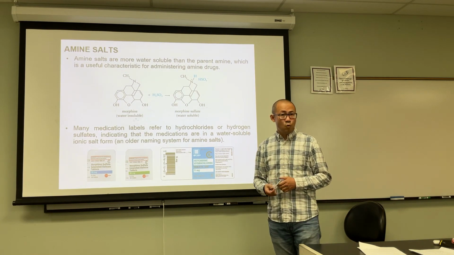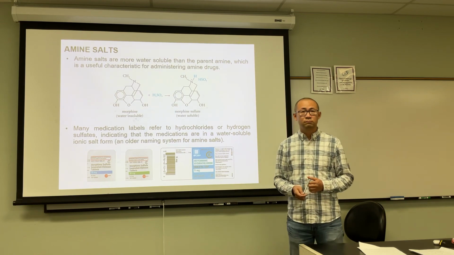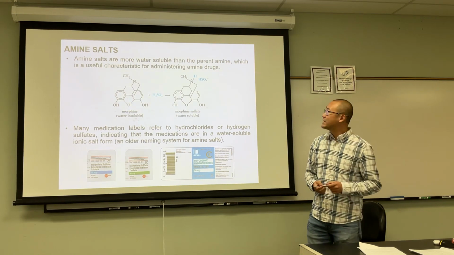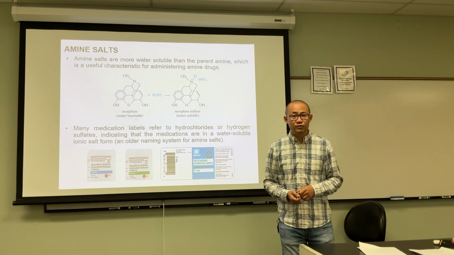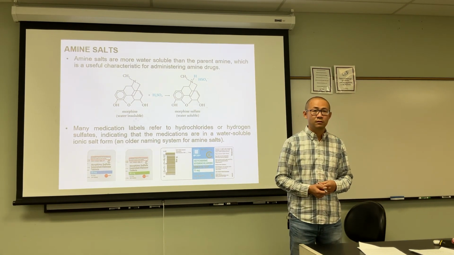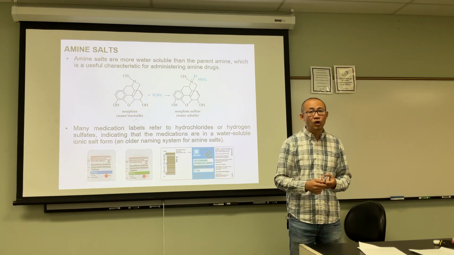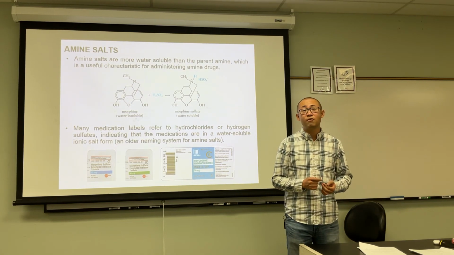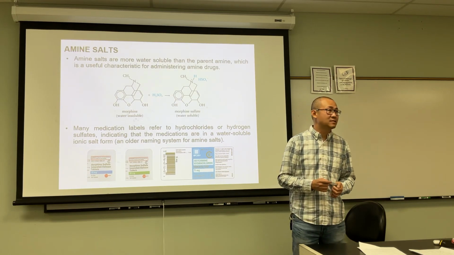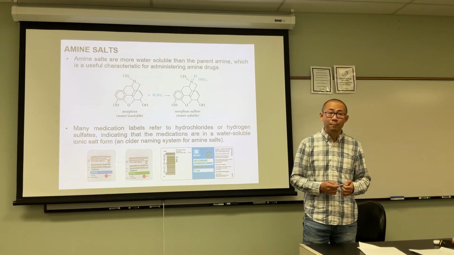Ammonium ions or ammonium salts are also extremely useful in pharmaceutical industries. Because like I mentioned earlier, a lot of medicine or natural products with biological activities are nitrogen-containing compounds.